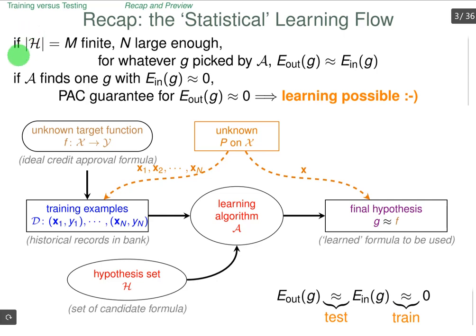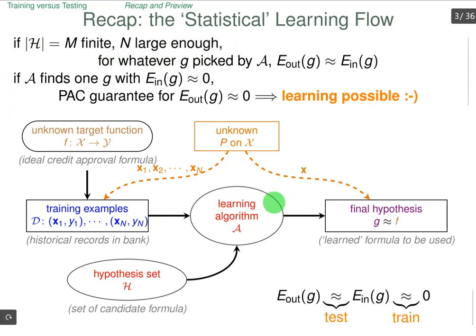What we said is that using Hoeffding's inequality, if H, the set of hypotheses, is finite, with m number of hypotheses, and the data n is large enough, then for whatever g is picked by the algorithm, the E out and E in approximate each other. This was given using Hoeffding's inequality.